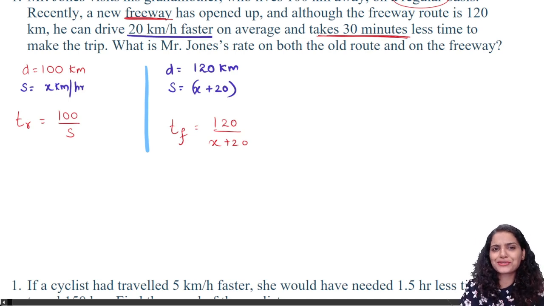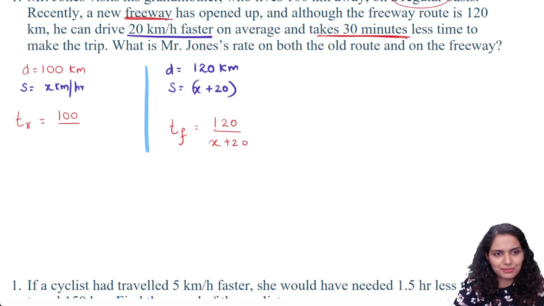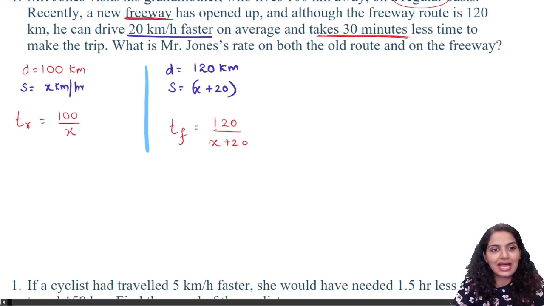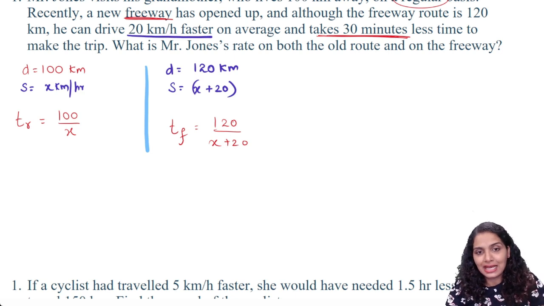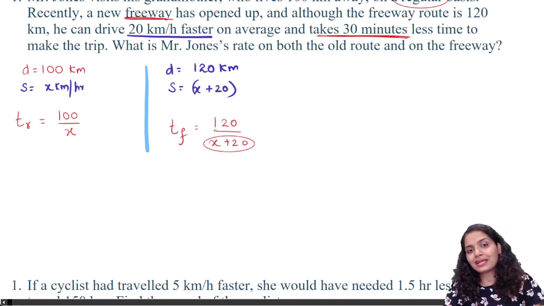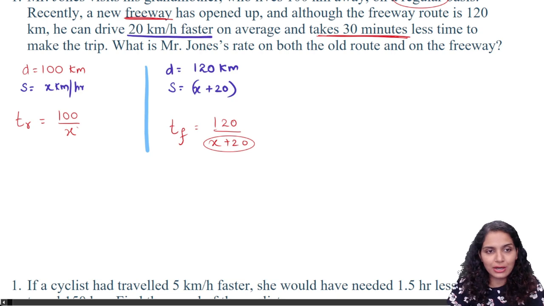I don't think I need to solve it. Did I just write s over here? I'm sorry, it should be x. Okay, now read the question. Very important. I know you can still make a mistake over here, but you are thinking, okay? See, I agree that here the time is more than on the left side.